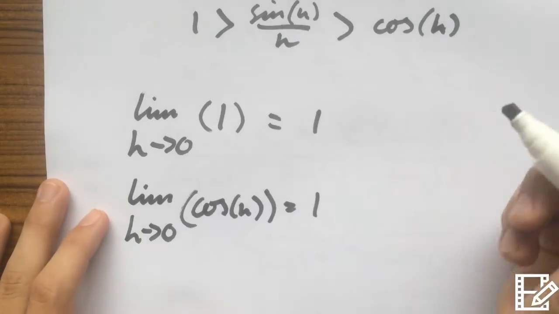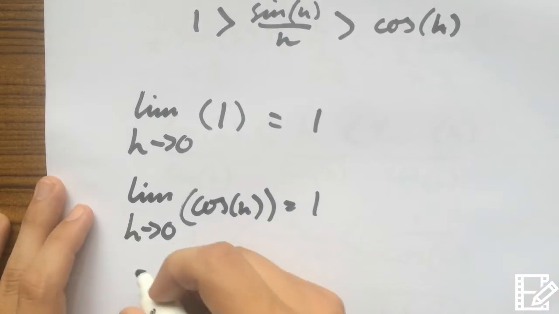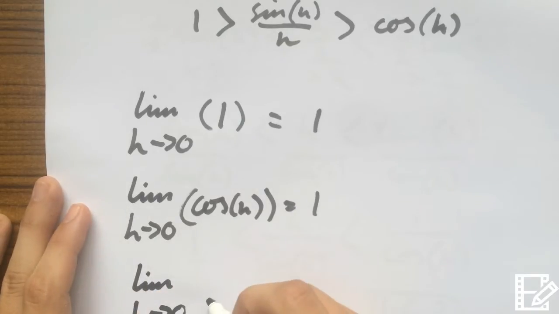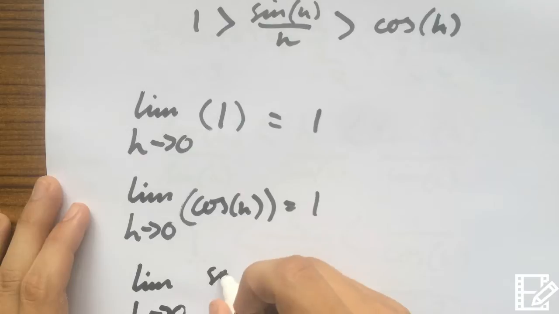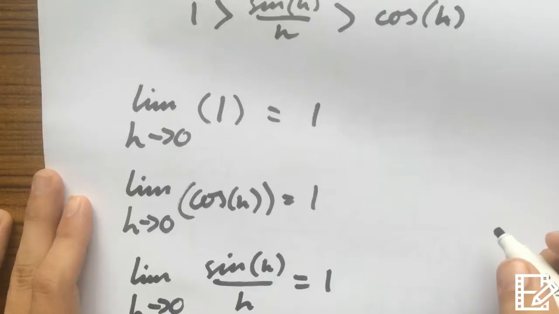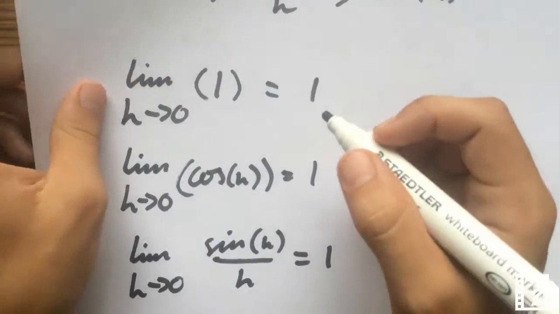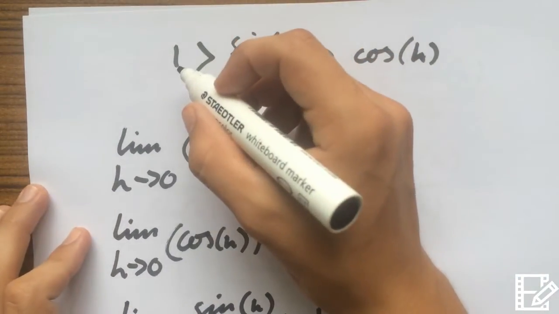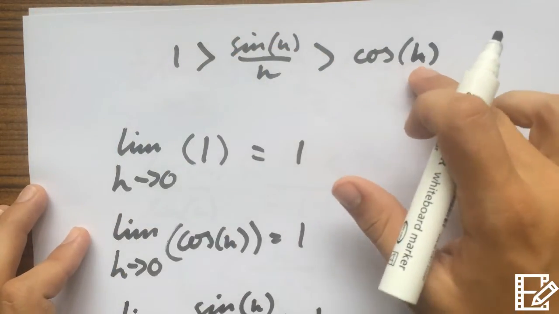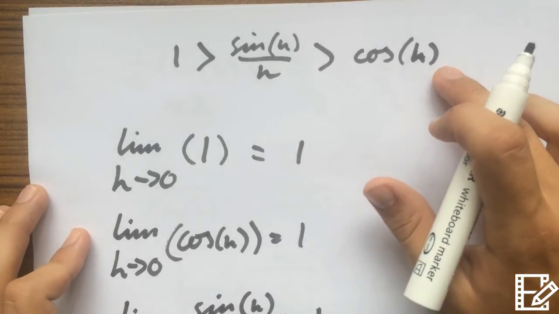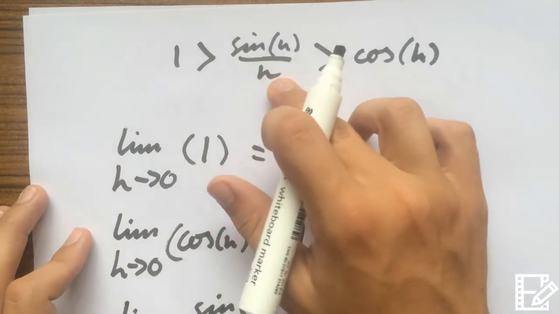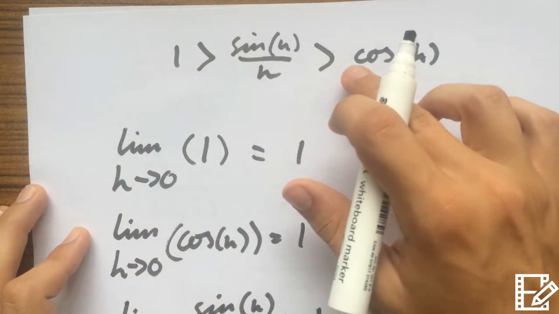And now, that basically means that the limit as h approaches 0 of sine h over h equals 1. Because if 1 as it approaches 0 is still 1, and if the cosine of h as h approaches 0 is 1, then you've got 1 is greater than sine h over h, which is greater than 1.